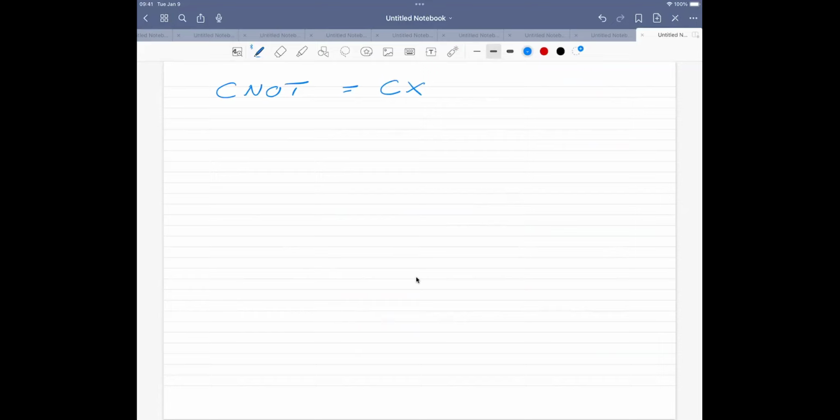And it's common sometimes to add a subscript, 0, 1. So let me show you what this looks like. So mathematically, it looks like 1, 1, 0, 0. And then I have a Pauli X matrix.